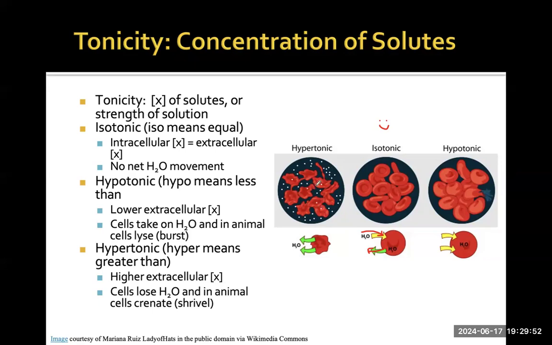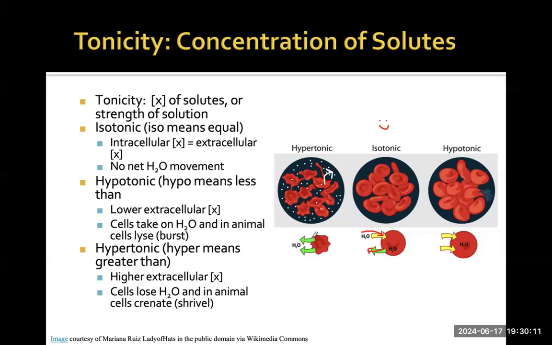What's going to happen over time is the solute is going to try to remain in an equilibrium state. And because there's so much on the outside, the water from the inside of the cells is going to pour out.